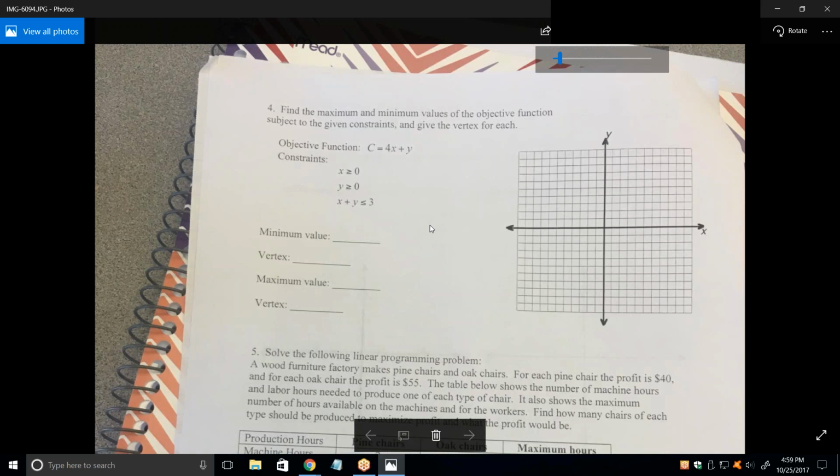Now, I can give you a real quick run through on how this works.